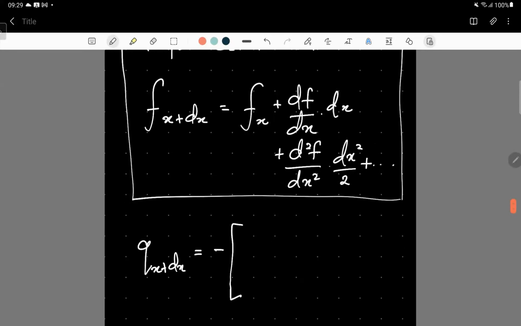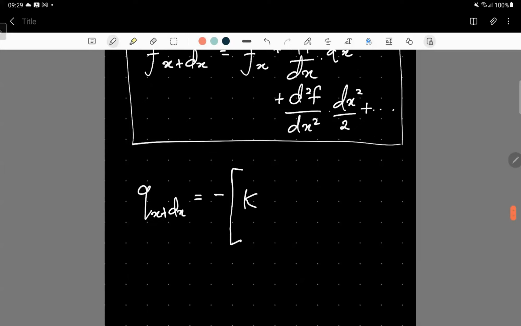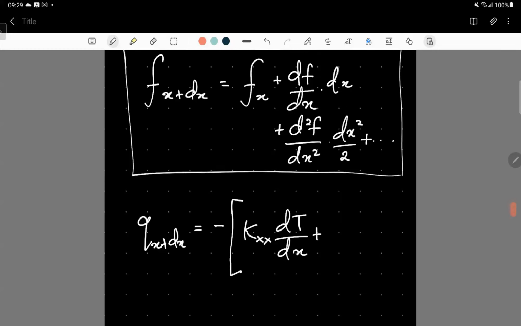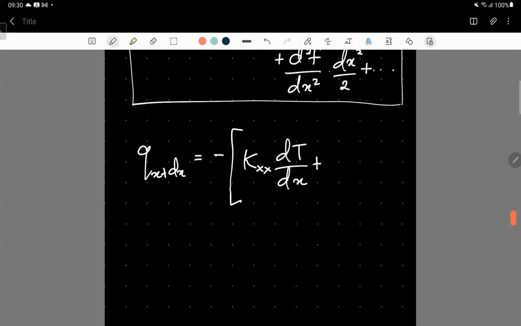According to the Taylor series expansion, first we have f at x. What is f? The corresponding function is K, the thermal conductivity, times the temperature gradient evaluated at x. Then comes the second term. It is nothing but the derivative of f with respect to x, and the function of interest is kxx times dT by dx.